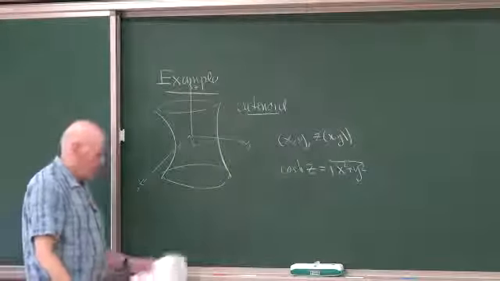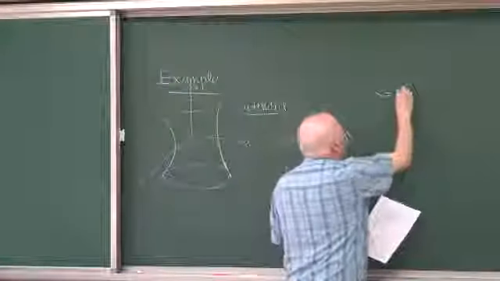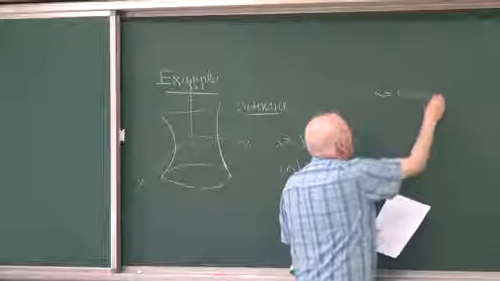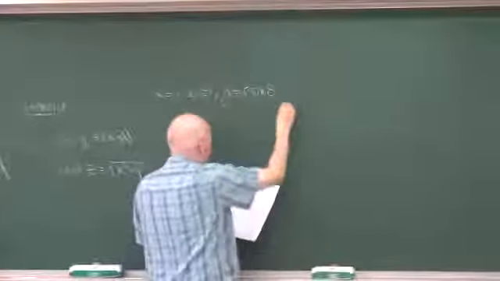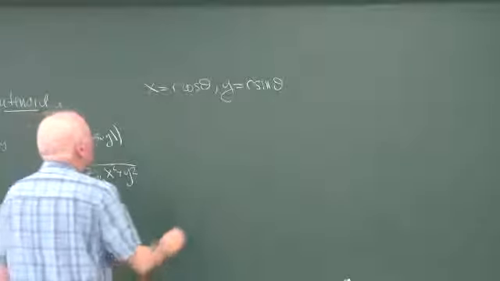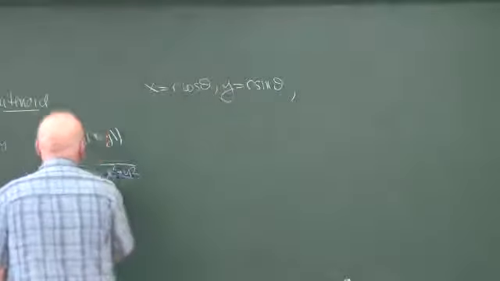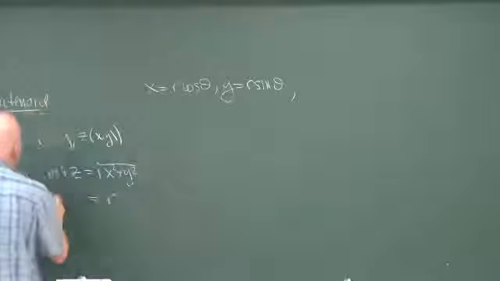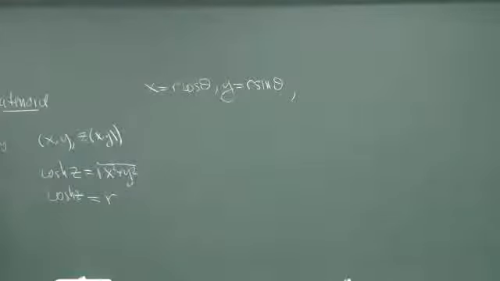So let's let x equal r cosine theta, y equals r sine theta, and z stays equal to itself. So now the catenoid: x squared plus y squared, square root, is r. So the catenoid is r equals hyperbolic cosine of z.